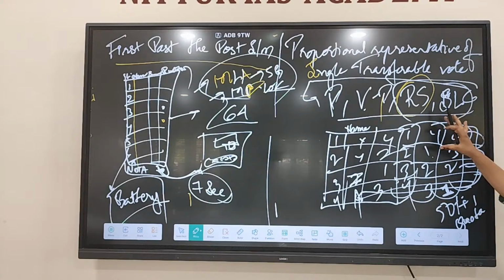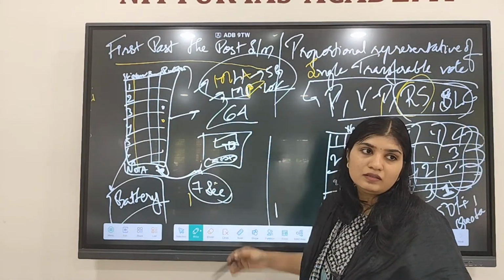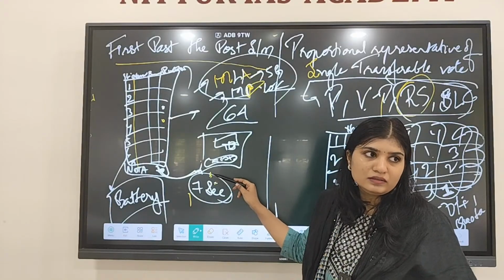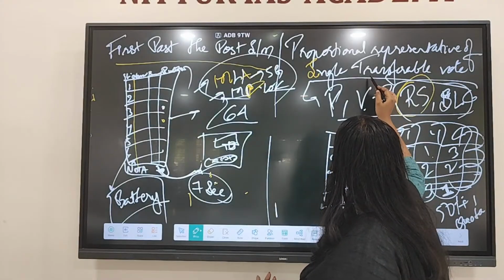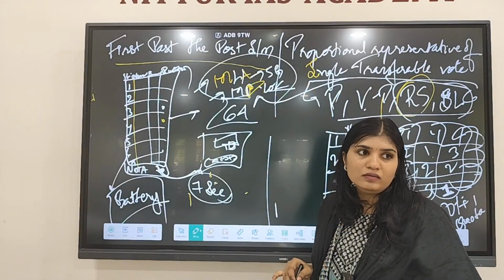The voters for the lower houses are more in number. They are in lakhs together, and this single transferable vote we can't utilize for this. Why so?